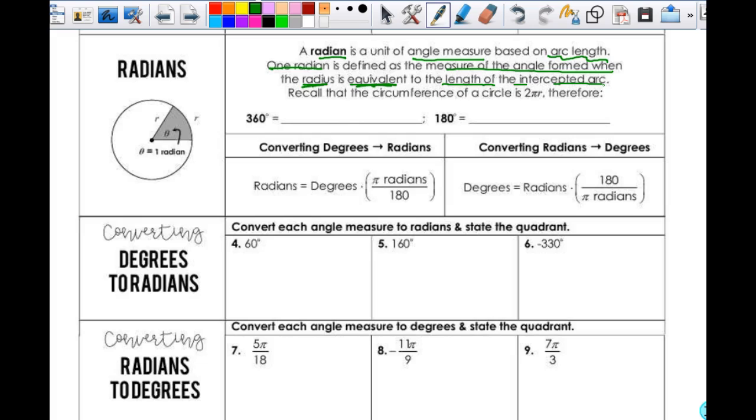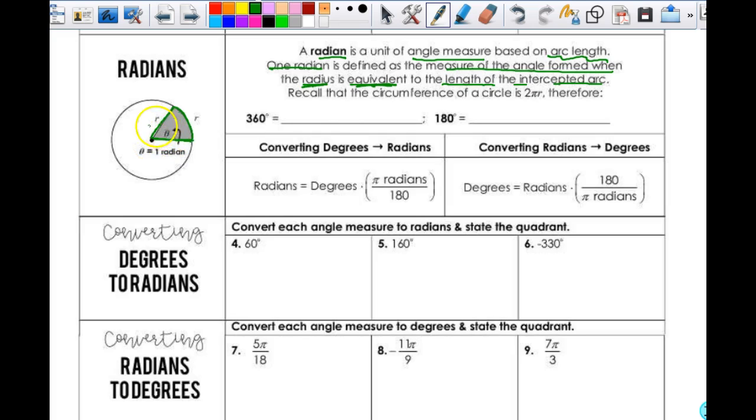So this is the length of my radius, and these two things right here are obviously congruent. When you find an arc length that has the same length as your radius, that is the radian of the circle. It's really just a ratio of the arc length to the radius, and you can figure out what these are.